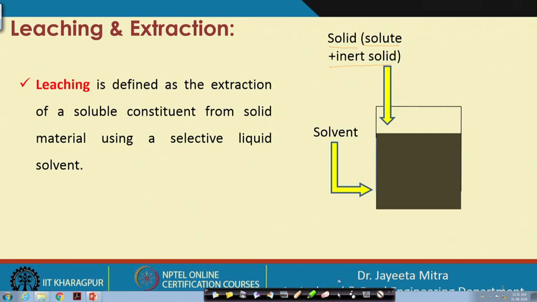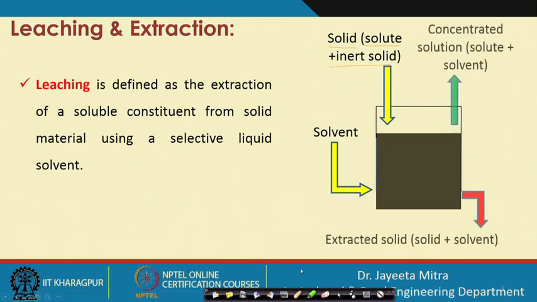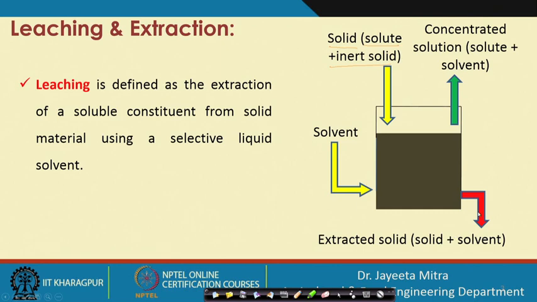So, after this mixing, what will happen? The concentrated solution, that has the solvent and solute. Why is it concentrated? Because initially the solvent will not have any solute component. So, ideally this is 0 in the initial case, or maybe a very low amount of that component if it at all exists, and when all the solute comes into the solvent, the solution becomes concentrated with that particular solute.